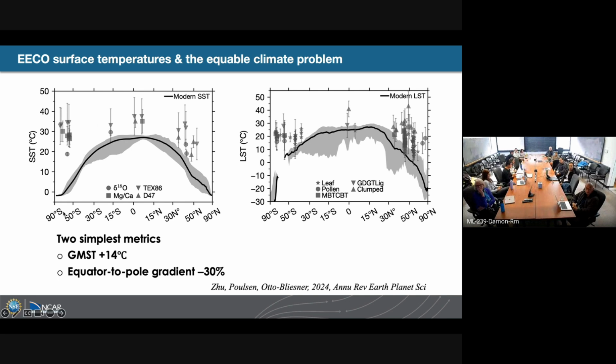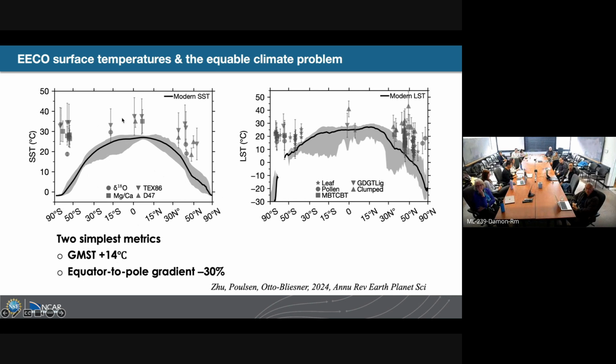And one way to really summarize the information is to calculate very simple metrics. For example, just calculate the global mean surface temperature for the early Eocene. Here I group the surface temperature records into different latitudinal bands and compute the area weighted mean. And based on that simple calculation, the early Eocene was 14 degrees C warmer than the pre-industrial climate.